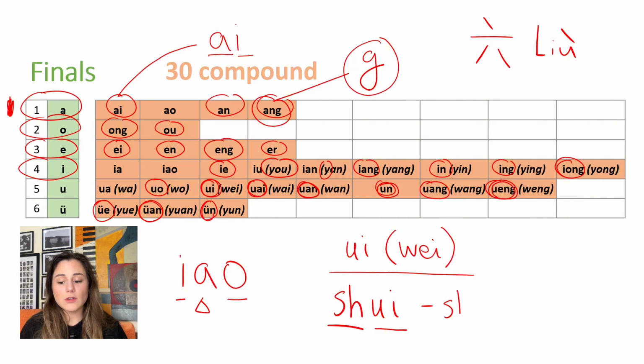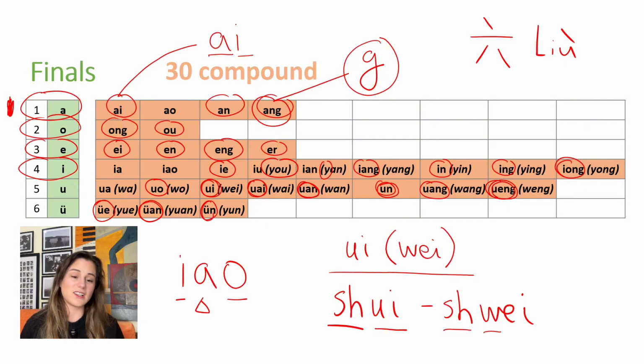If I was to write sh, wei, it is quite confusing, oh my God, I have 2 consonants in the beginning, or 2 initials, which actually W is not an initial at all. So in order not to make this even more confusing, what we do is that we write ui, but we need to remember that's wei, and it is pronounced as shui, shui, which means actually with the 3rd tone, water. But let's go.